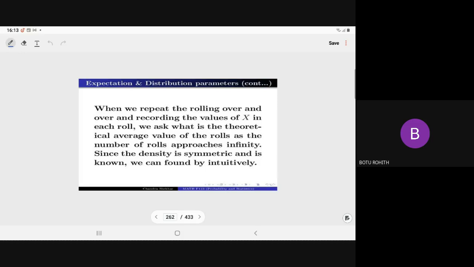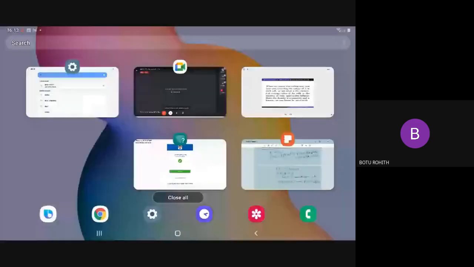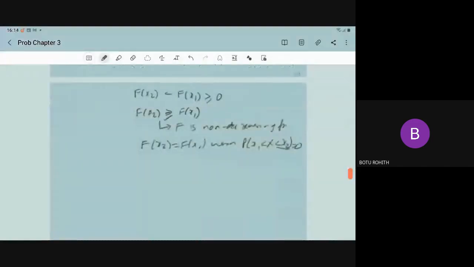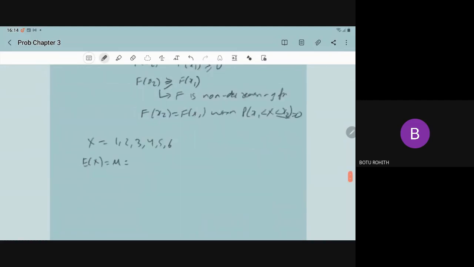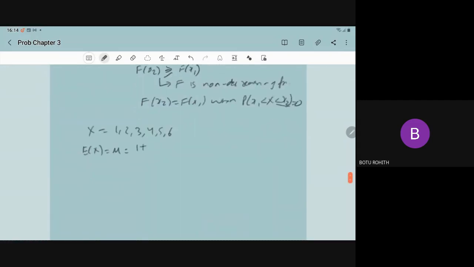X can take the values 1, 2, 3, 4, 5, 6. We denote the mean by E(X) or mu. The mean is (1 + 2 + 3 + 4 + 5 + 6) divided by 6, the arithmetic mean, as you know.